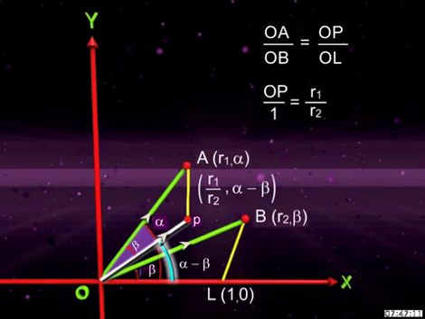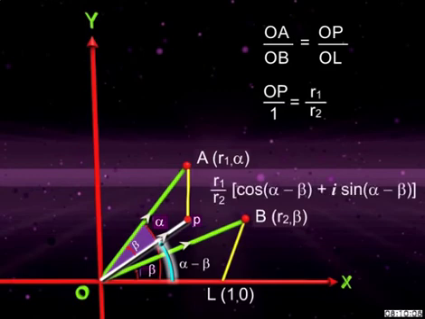Thus, point P is the point whose modulus is r1 upon r2 and argument is alpha minus beta, and it represents the division of these two complex numbers. So the polar form of the complex number represented by vector OP is r1 upon r2 whole multiplied by cos of alpha minus beta plus iota into sin of alpha minus beta. This point P gives the division of complex numbers represented by points A and B.